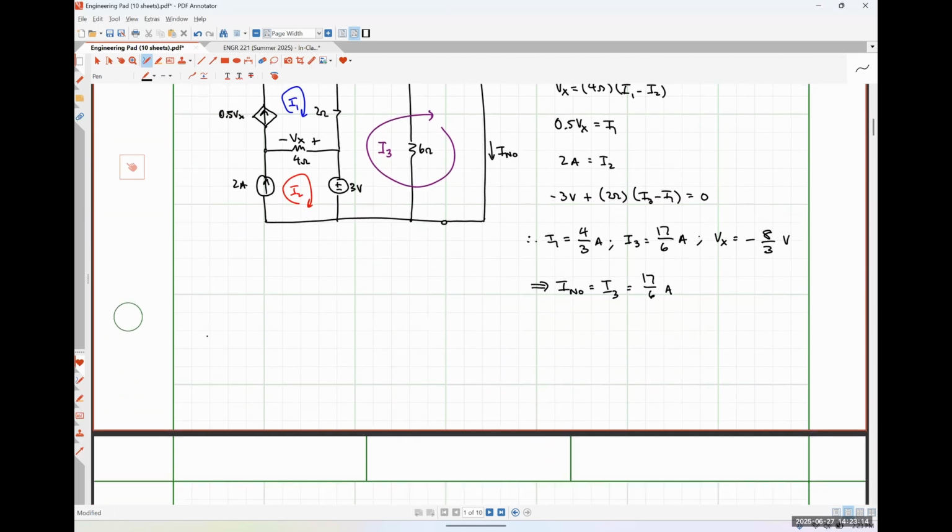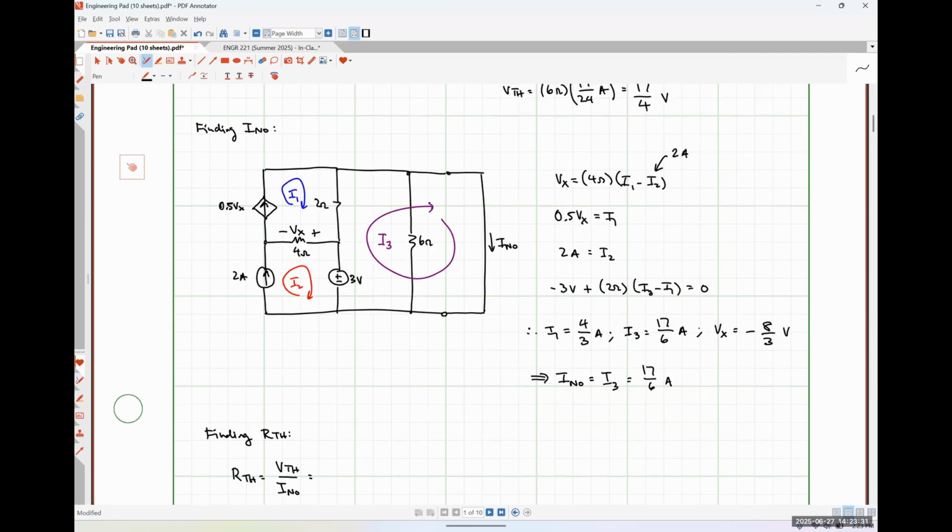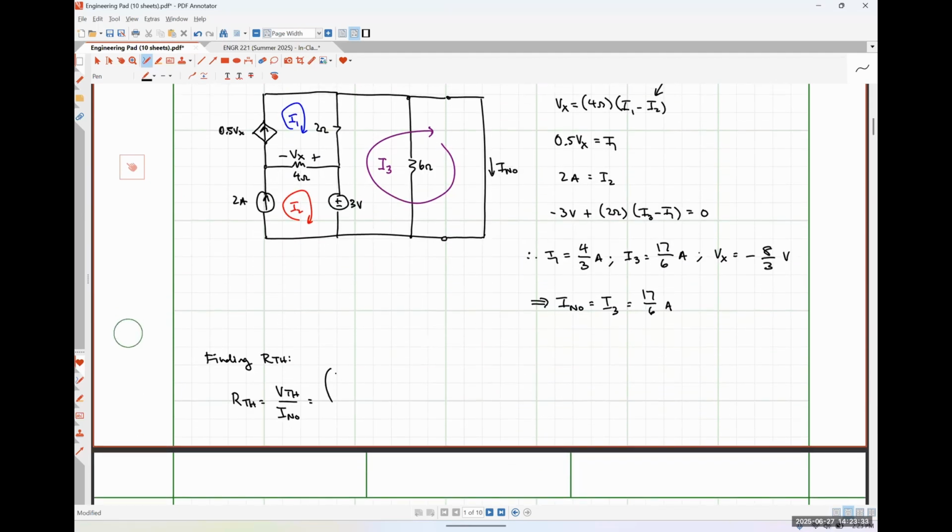And so for finding RTH, we could simply say that our Thevenin resistance is the ratio of our Thevenin voltage to our Norton current. So that's going to look like 17/4 divided by 17/6.